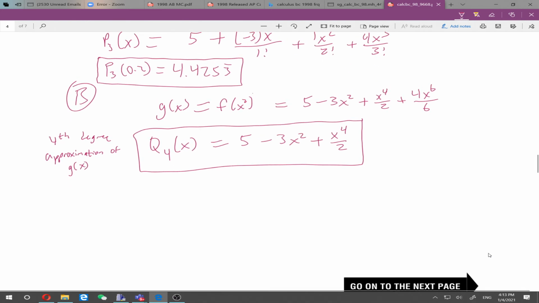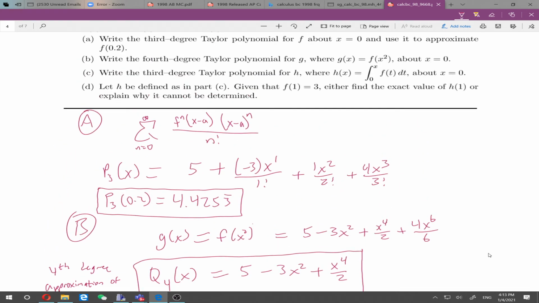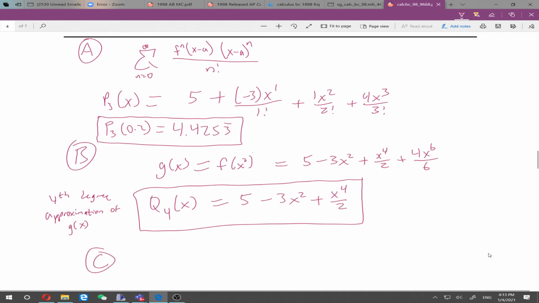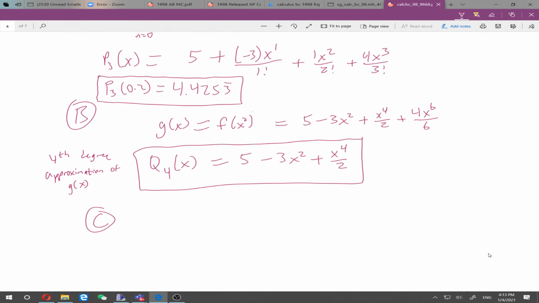Right. For C, I want a 3rd degree Taylor polynomial approximation for h, where h of x is the integral from 0 to x of f of t about x equals 0. Okay, so this time I want a 3rd degree Taylor polynomial approximation.